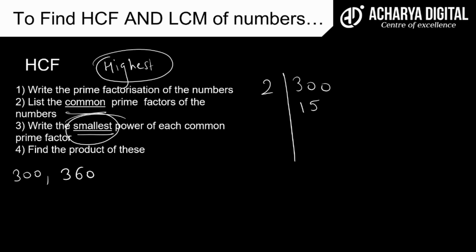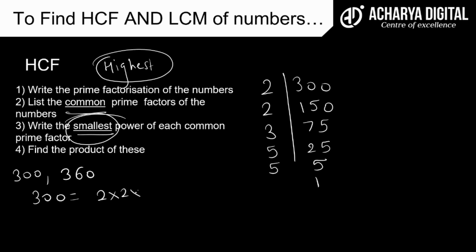Fine. So it's better. Then 2 75s are 150, 2 150s are 300, 3 25s are 75, 5 5s are 25, 5 1s are 5. So 300 can be written as 2 into 2 into 3 into 5 into 5, or it can be written as 2 square into 3 raised to 1 into 5 square.